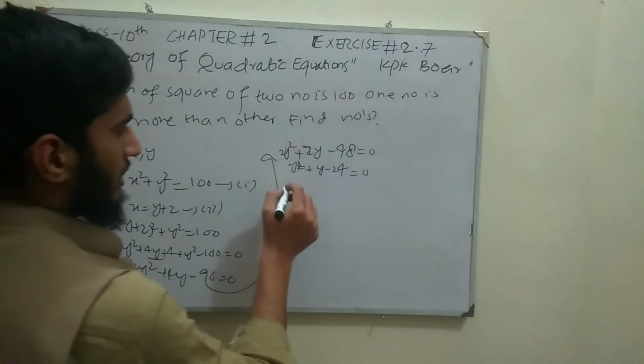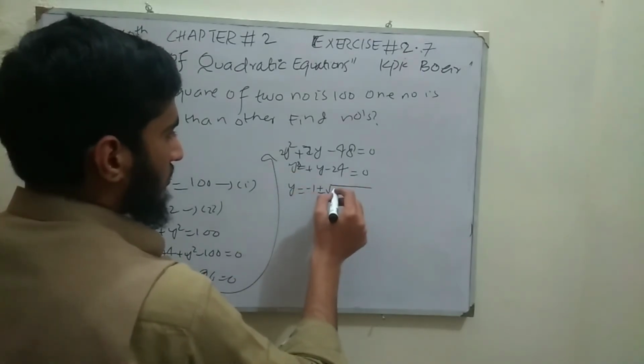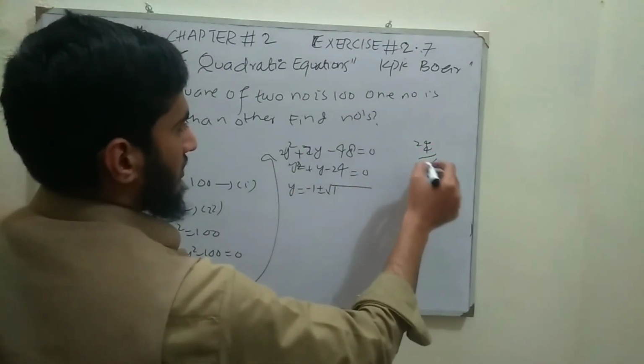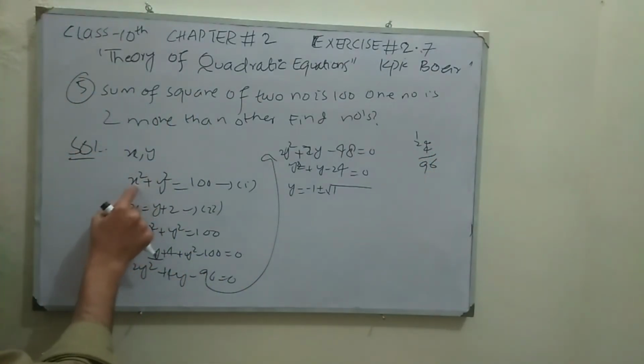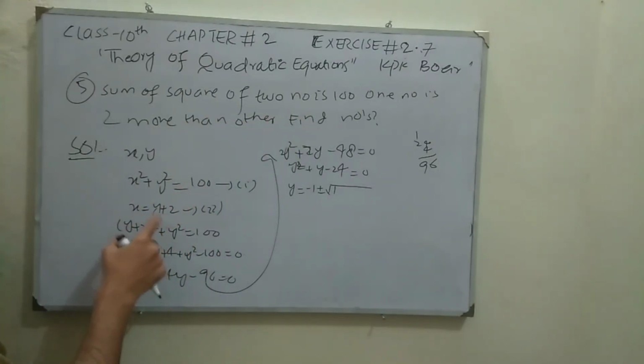Using the quadratic formula, y is equal to minus b plus minus under root of b square minus 4 times 24. The value of x is y plus 2, and the sum of the squares of the two numbers is 100. Put the value of x is equal to y plus 2 here.